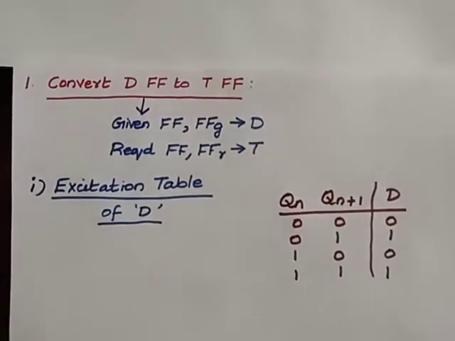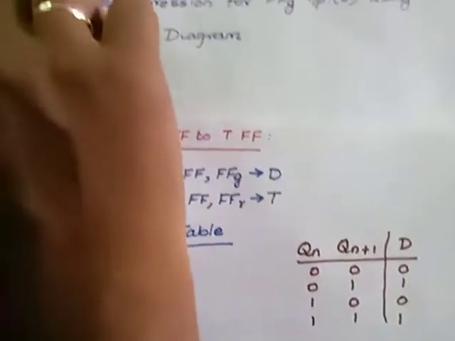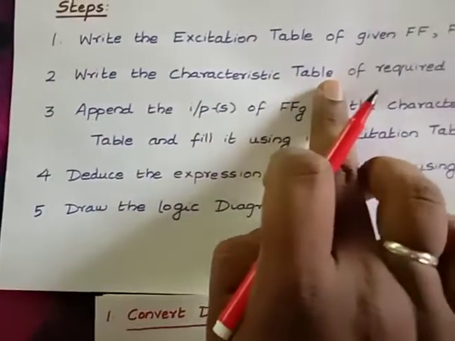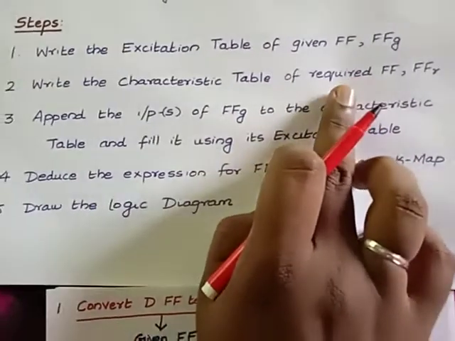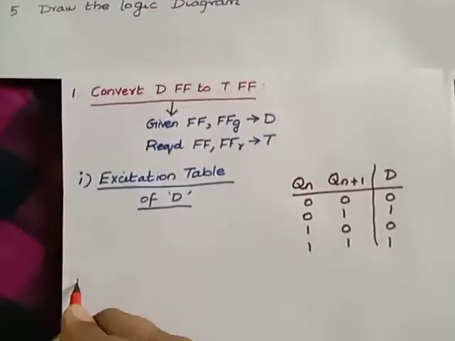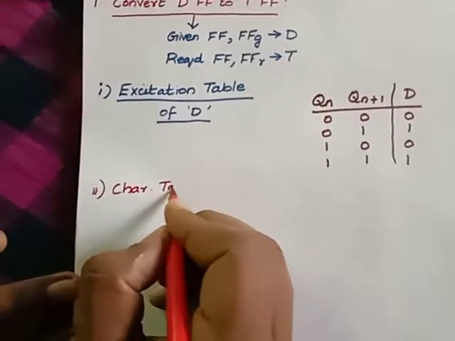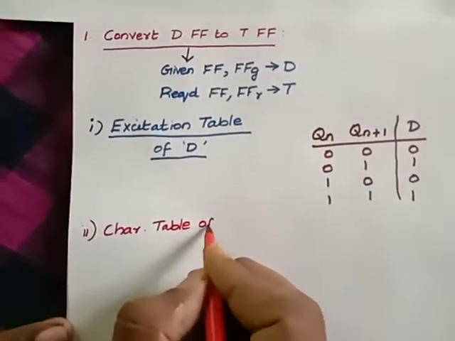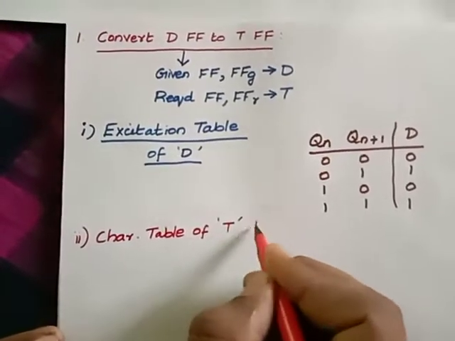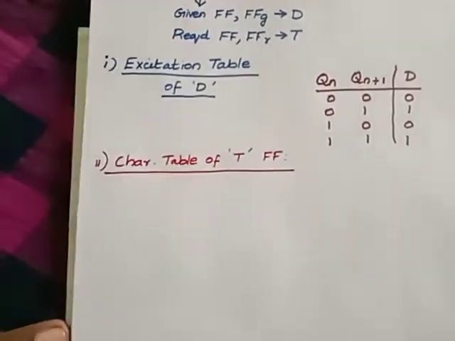Next, the second step is you have to write the characteristic table of the required flip flop. In our case the required flip flop is T flip flop. So the second step is I am going to write the characteristic table of T flip flop. You know what the characteristic table is?